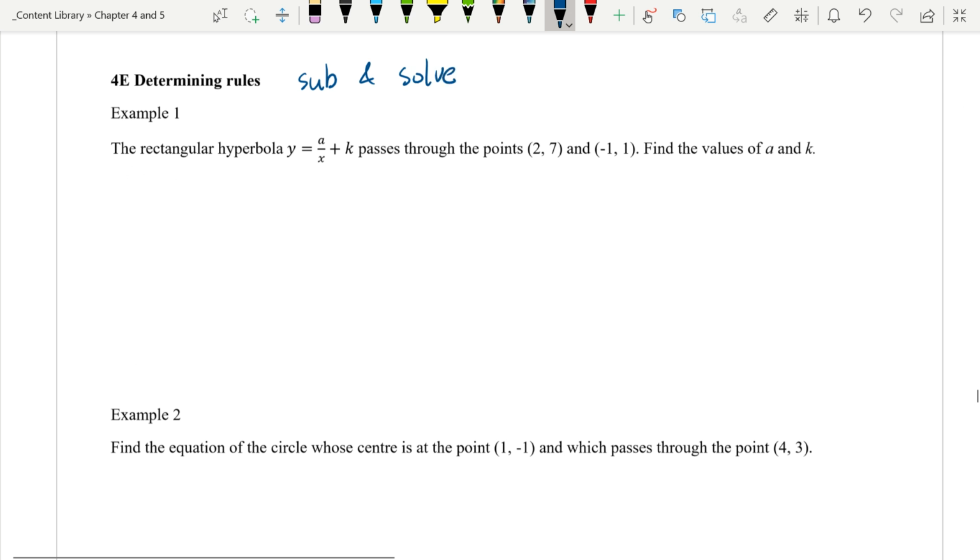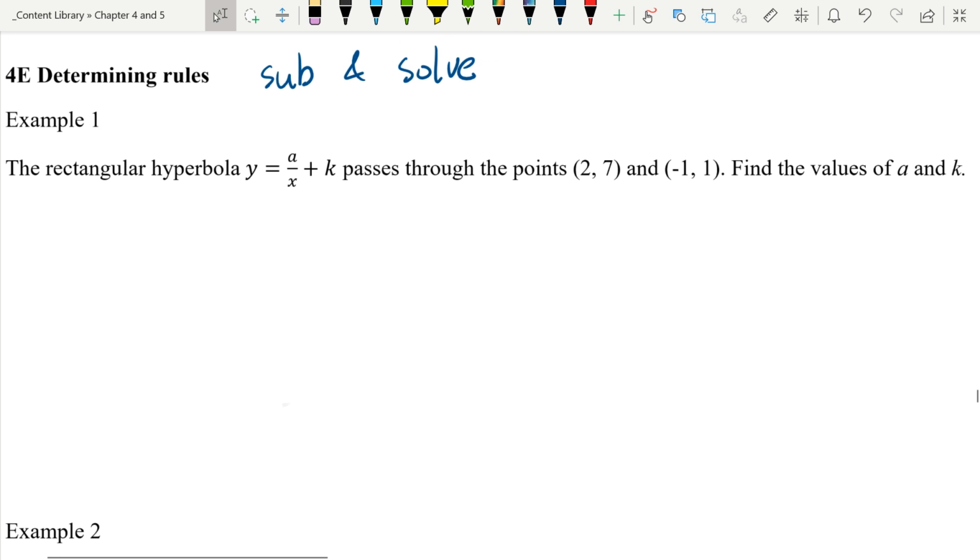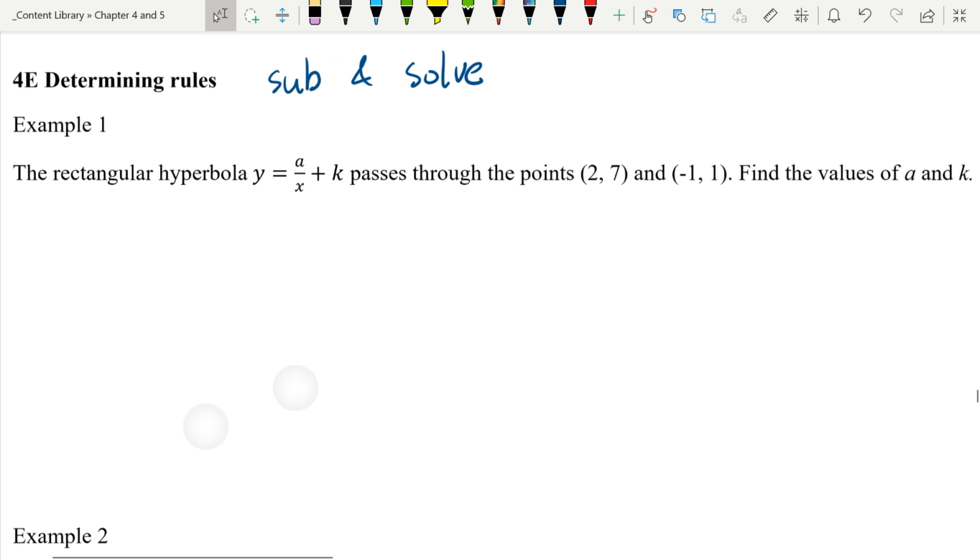Okay, so determining the rules. Basically they give you the rule, give you some points and ask you to find the missing values. You substitute in and solve for it. So if you see example 1, it says the rectangular hyperbola y equals a over x plus k passes through the points (2, 7) and (-1, 1), and find the values of a and k.